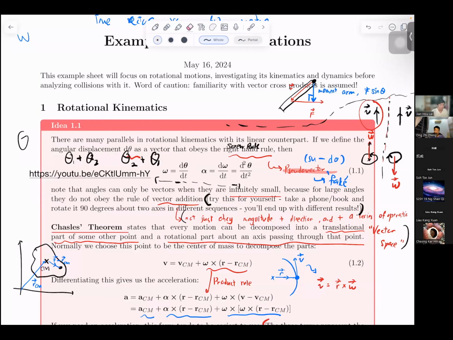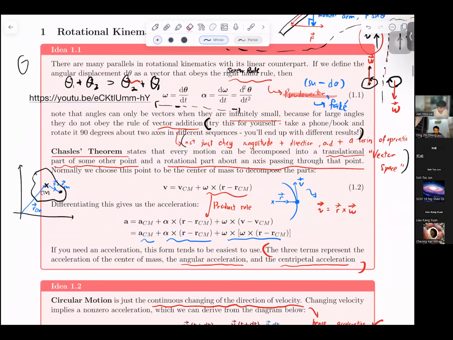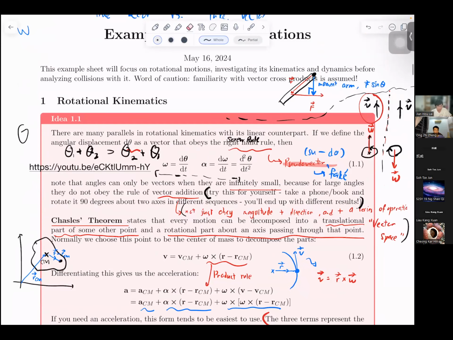That's why we talk about the infinitesimal angular displacement, and so it is a vector. Now, the angular velocity is the rate of change of the angular displacement, and the angular acceleration is the rate of change of the angular velocity.